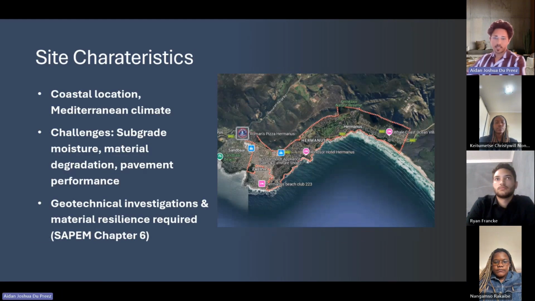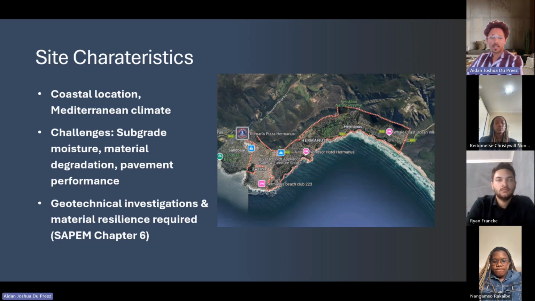The site characteristics are the location and environmental factors. For our site characteristics, the road is located near the coast in Hermanus, which poses unique challenges such as the coastal conditions, where high humidity and exposure to salt can accelerate material degradation.